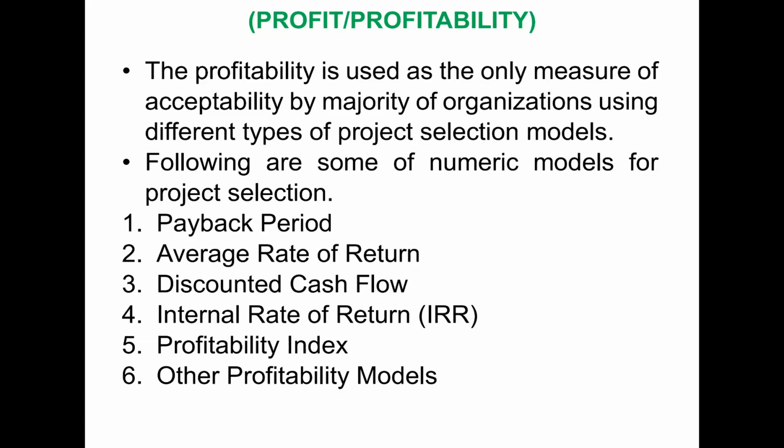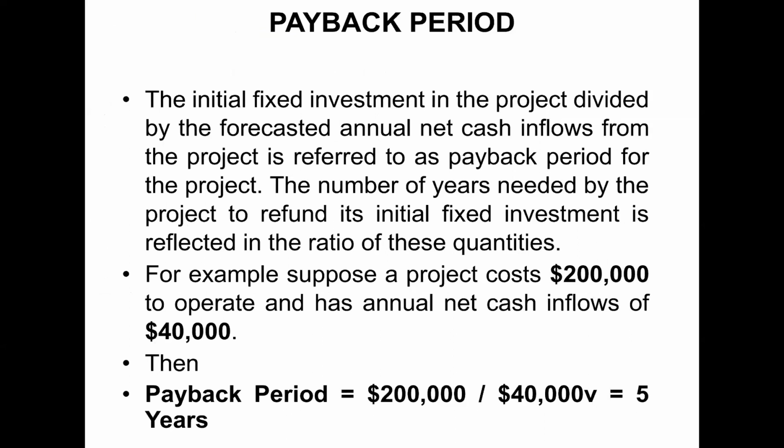The others are the average rate of return, the discounted cash flow, internal rate of return, IRR, the profitability index, PI, and other profitability models. What about the payback period? Now, the initial fixed investment in the project is divided by the forecasted annual net cash inflows from the project. That is referred to as the payback period for the project.